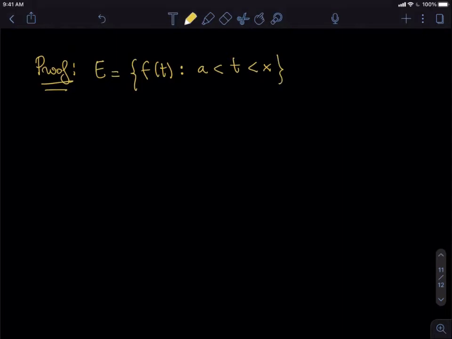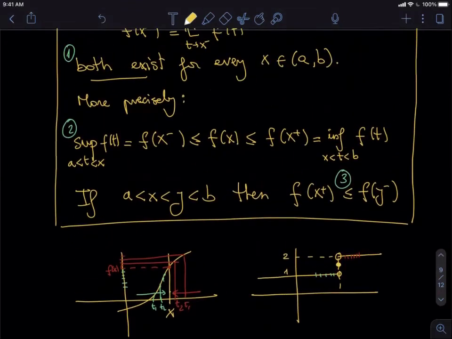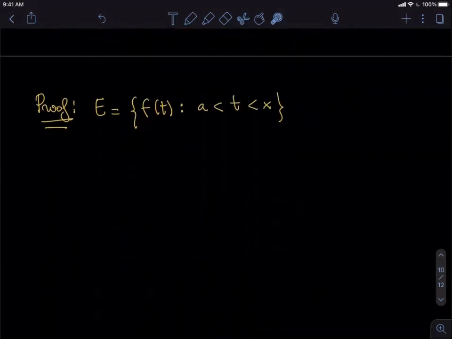Okay, remember, we are going to work on this inequality. So here we want to approach x from the left. So we are going to be looking at all the points t that are in the domain. That means that they are bigger than a, but they are on the left of x. So they need to be less than x.